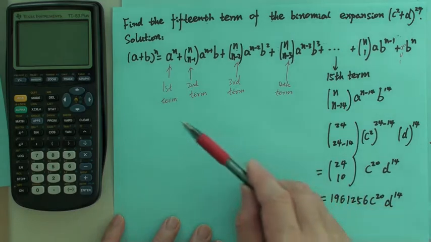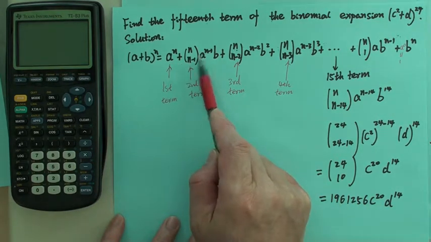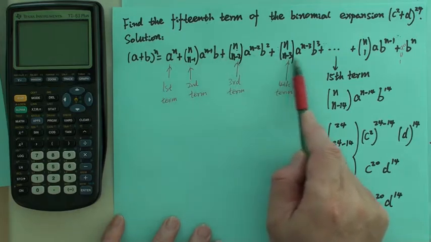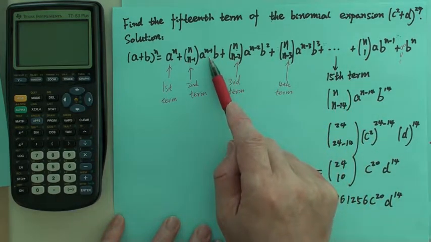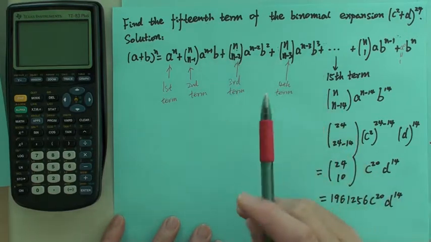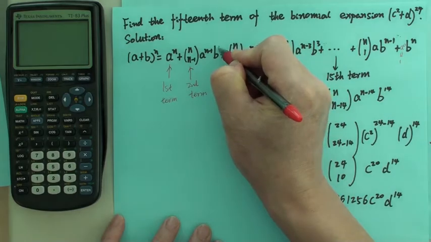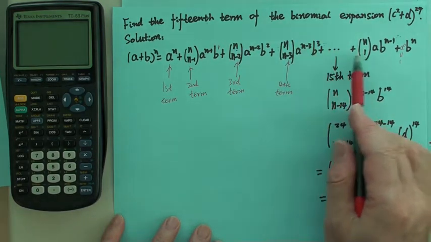So here the exponent of a goes down 1 by 1. And when the exponent of a goes down, the exponent of b goes up. You see down here is 1, and then 2, 3, keep going.